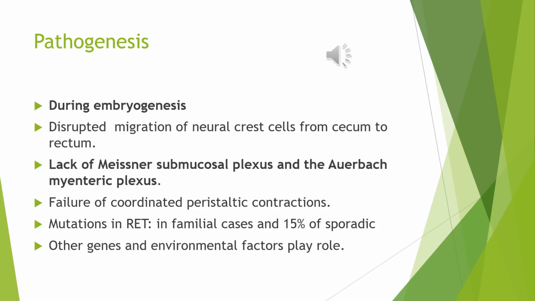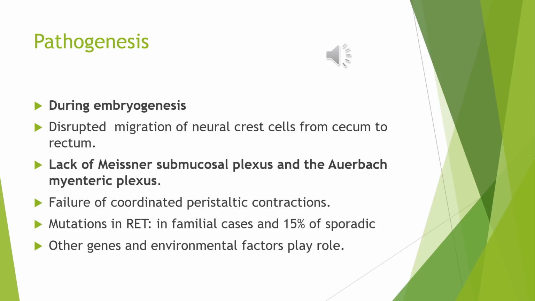The pathogenesis starts during embryogenesis, in which there is a defect or a failure of migration of the neural crest cells from the cecum to the rectum. And so the result is lack of development of the neural plexuses that are usually present within the rectum. The disease affects the rectum in almost all of the cases.